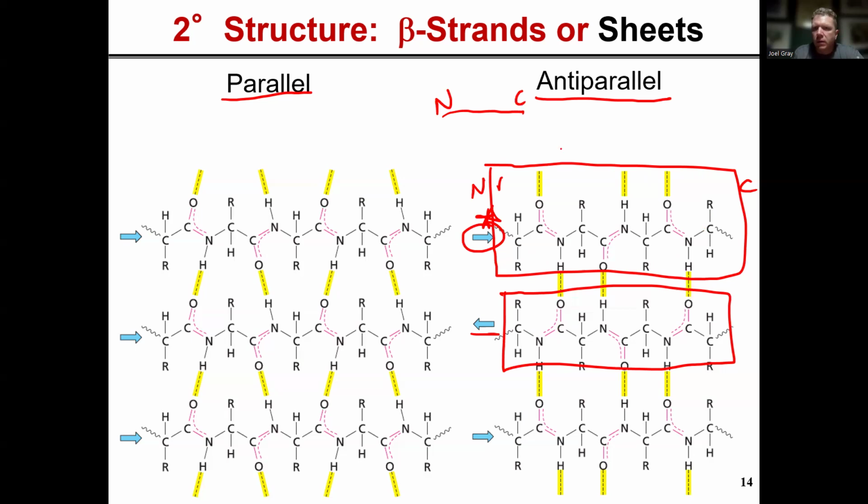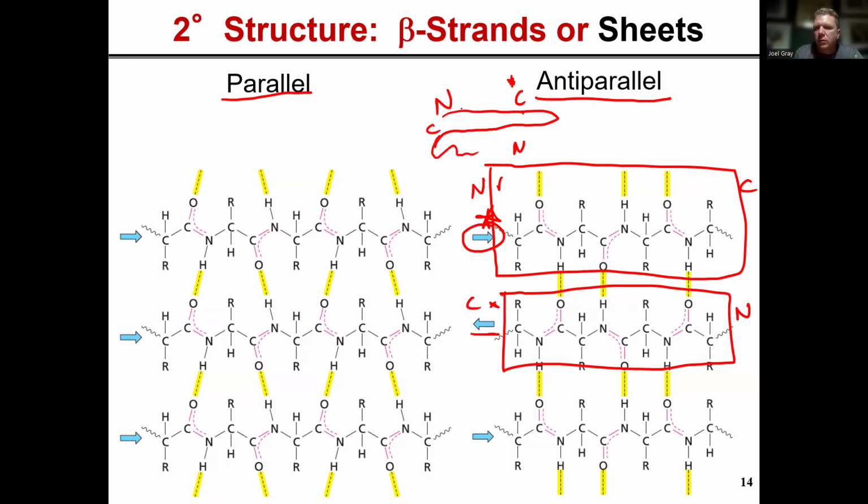So the C termini of my first peptide right here is going to align with the N termini of this second peptide right here. So this would be the N, and this would be the C. It's almost like we have a structure that looks a little bit like this.